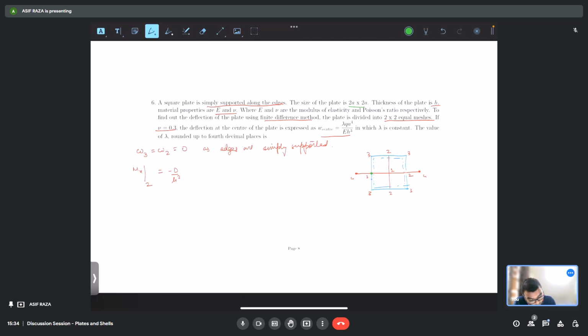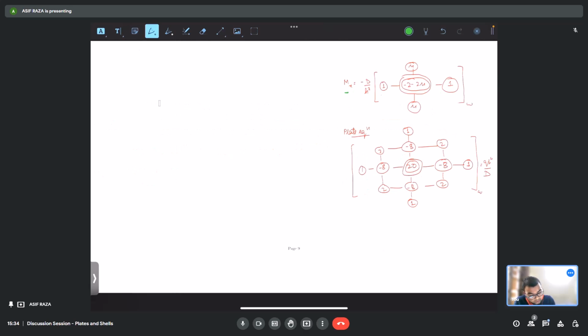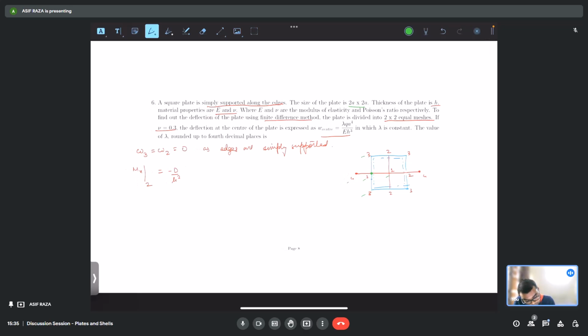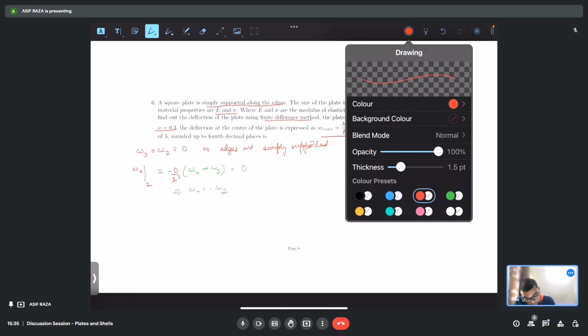Suppose this is 2, so this value and this value is 0, and this is also 0, so we get the value of 1 and 4. 1 and 4 will get by this, that is minus D by h square, that will be equal to w4, and that is 0, and w1 equal to 0. So this gives me w4 is equal to minus w1.